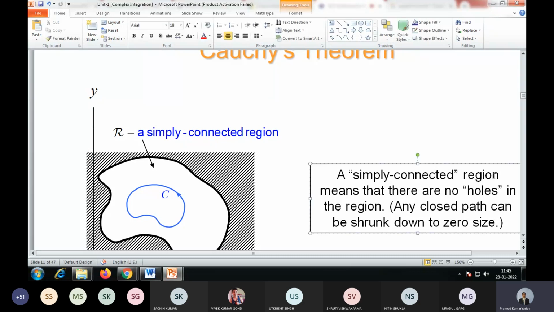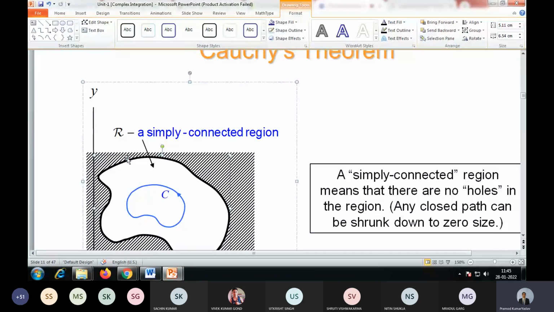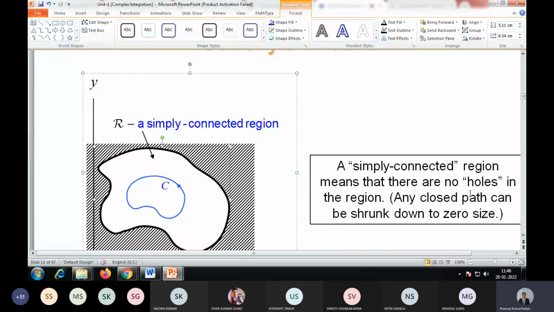A simply connected region means that there are no holes in the region. It means it is smooth and continuous, and any closed path can be shrunk down to a point. Holes should not be there.